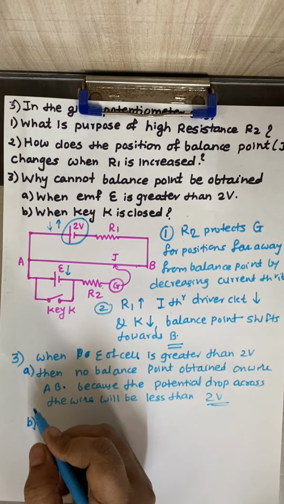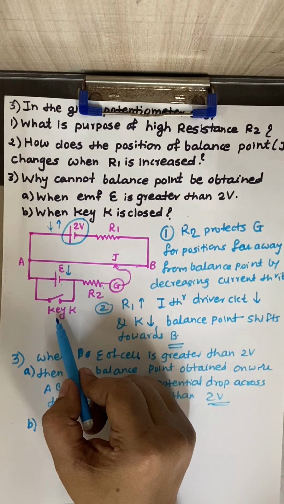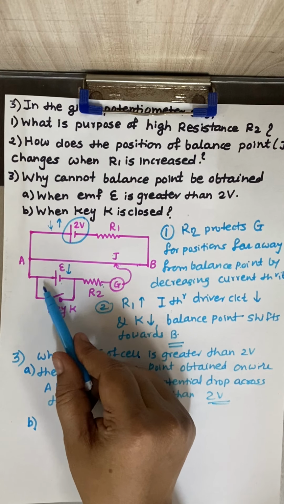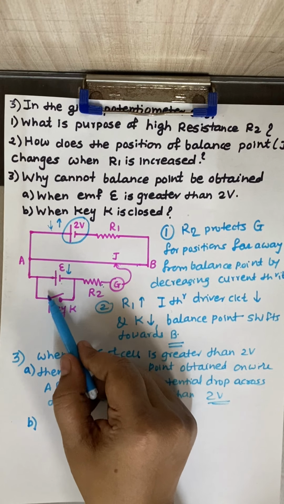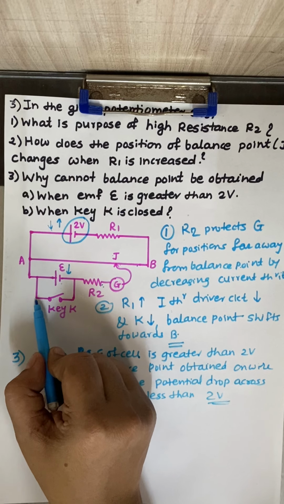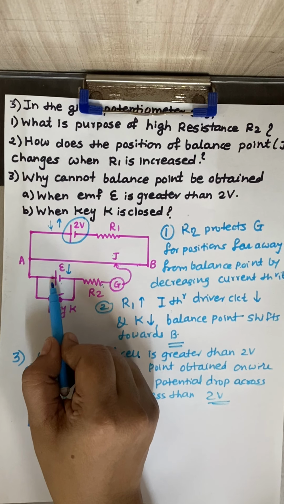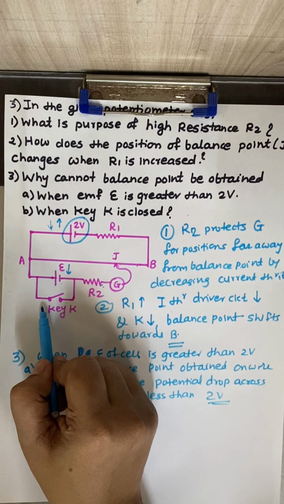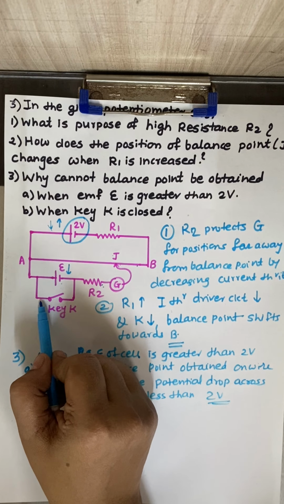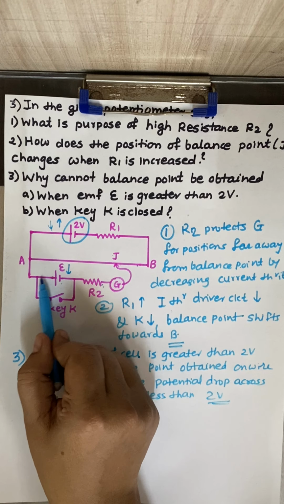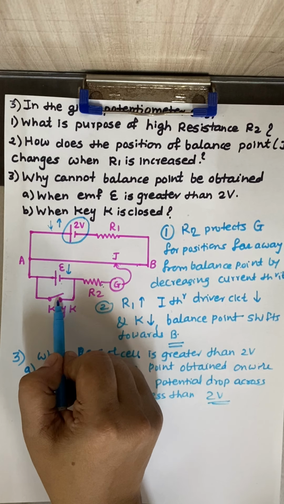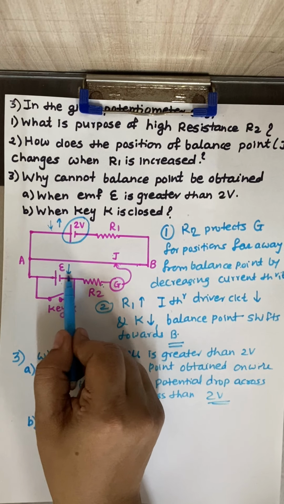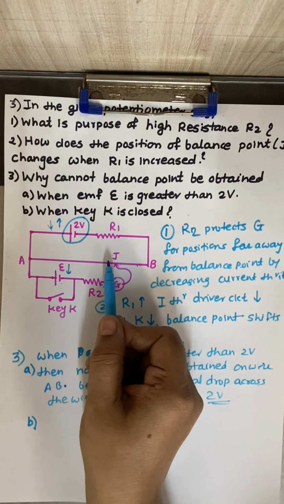And the second reason: what happens when the key is closed? When the key is closed, the cell of EMF E gets short circuited. Why? If there were a resistance connected here, then the current would be slowly sent by the cell through that resistance. But there is no resistance, and the positive and negative terminals are directly shorted. So the circuit gets short circuited, and therefore the balance point will never be obtained on the wire AB.